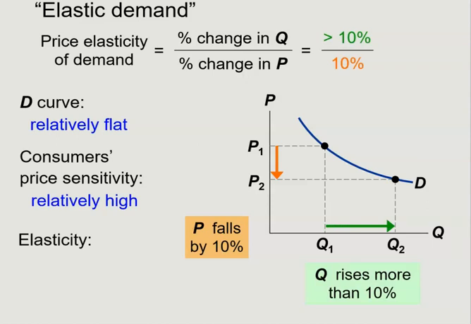If you go back to the formula on the top, the elasticity must be greater than 1. Here consumers really care about the price. When price changes, they're going to change their quantity demanded more, percentage-wise. Again, I would encourage you to come up with some real-world examples for our class discussion.